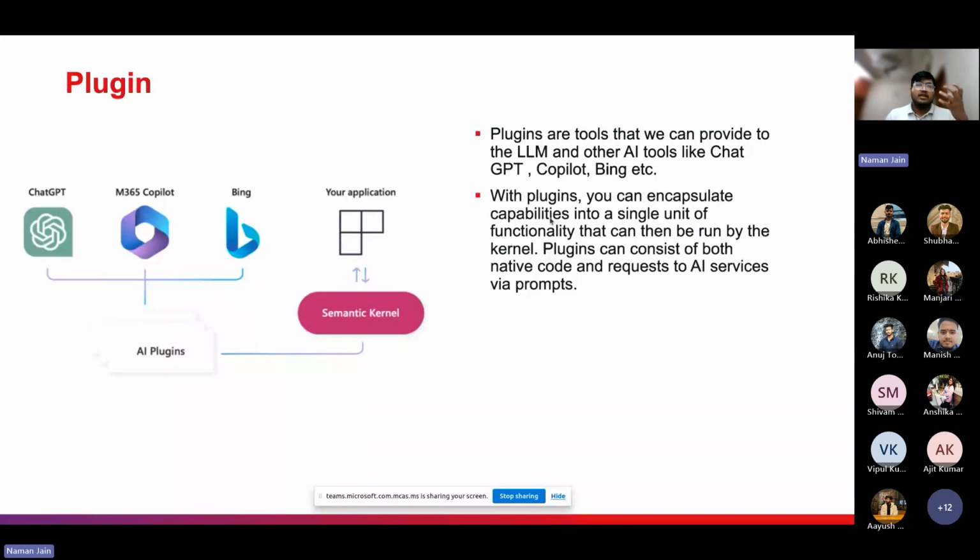So the plugin encapsulates everything. It takes an abstraction layer around it and encapsulates everything into a single pill. In the plugin, native code can also be called, and requests to AI services via prompts can also be called. So the application you're building can even utilize the LLM itself to call it.